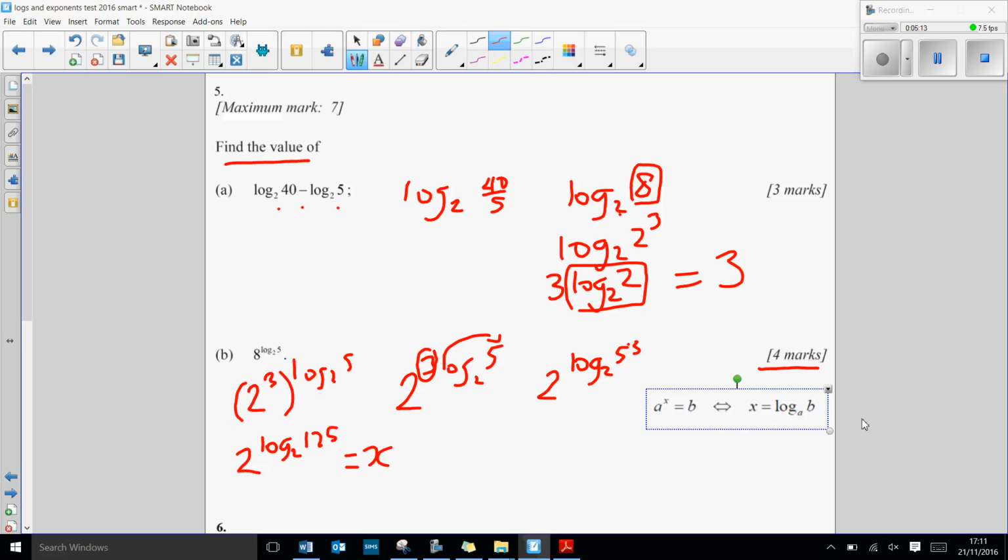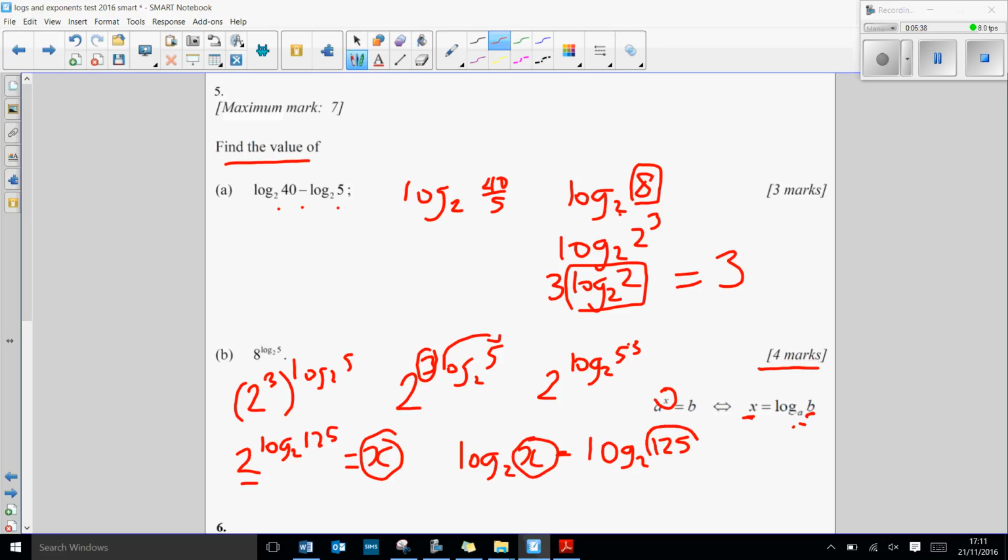So we have log base 2 of b, which in this case is x, is equal to whatever the power was in the other statement. So the power was log base 2 of 125. Here you can see that x must be equal to 125.